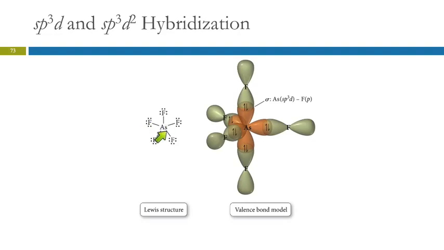The arsenic will do the sp3d hybridization so that it has five equivalent orbitals. And each of those orbitals will make a sigma bond with one of the orbitals on the fluorine. And so we get a trigonal planar structure. So they're overlapping with a p orbital on fluorine.